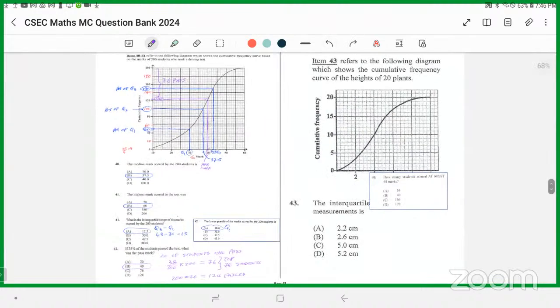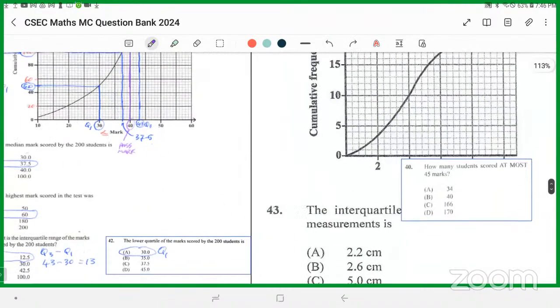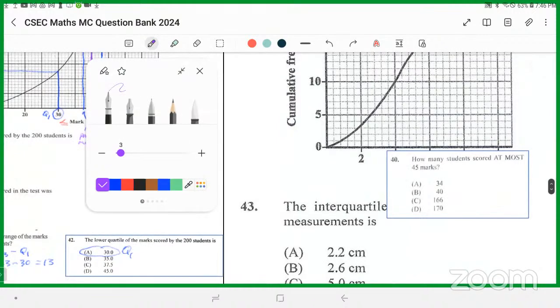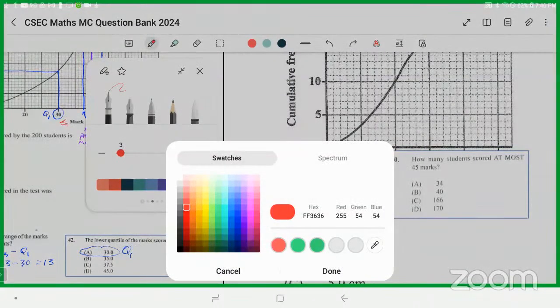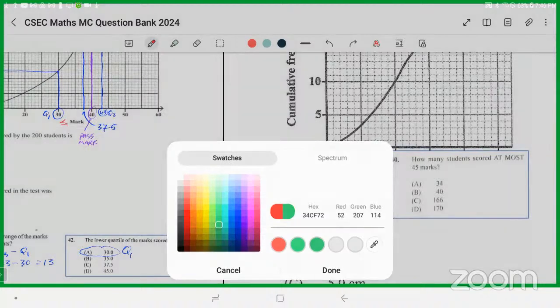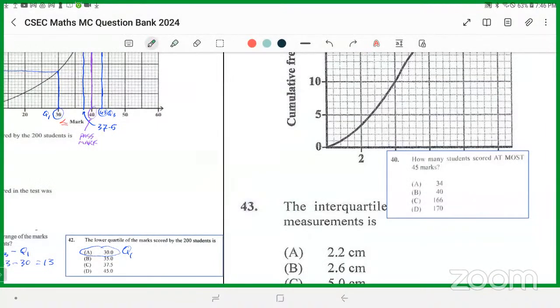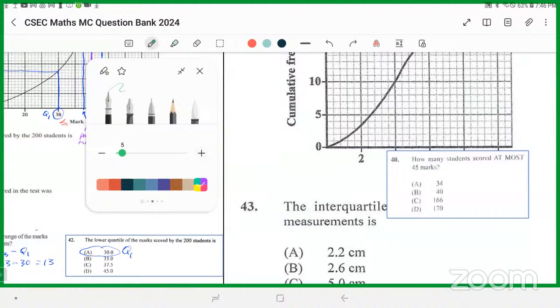So how many students at most got 45 marks? Let's do this one in green. It relates to the same graph over here.